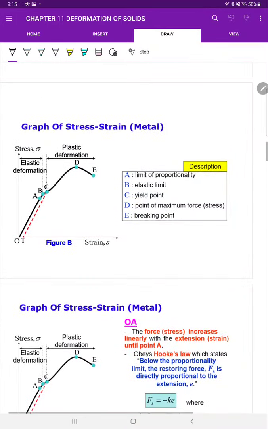A is the limit of proportionality. B is the elastic limit. C is the yield point.